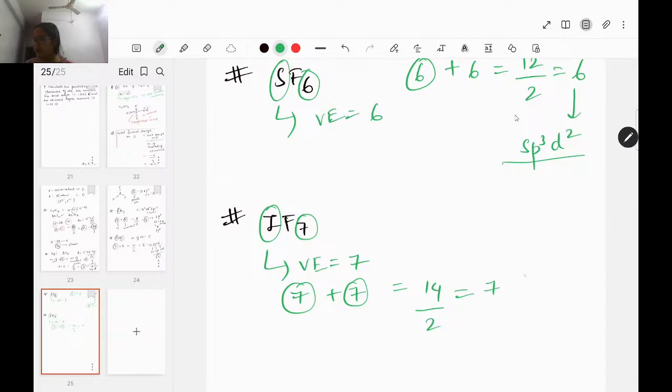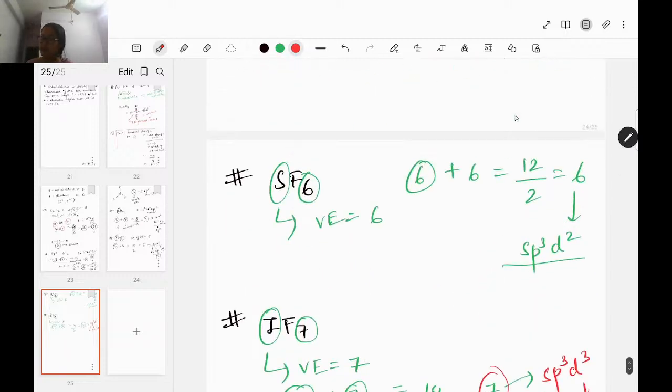Since the steric number is 7, we can just increase one more d orbital because there are 5 d orbitals. So the hybridization of IF7 will be sp3d3, because 1 s, 3 p orbitals and 3 d orbitals form sp3d3. So the steric number 7 will show sp3d3 hybridization.